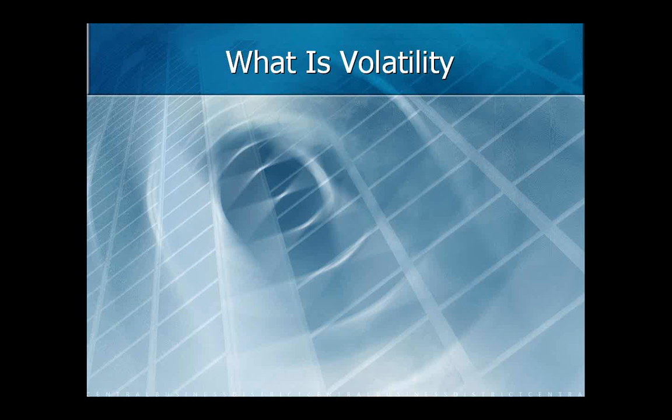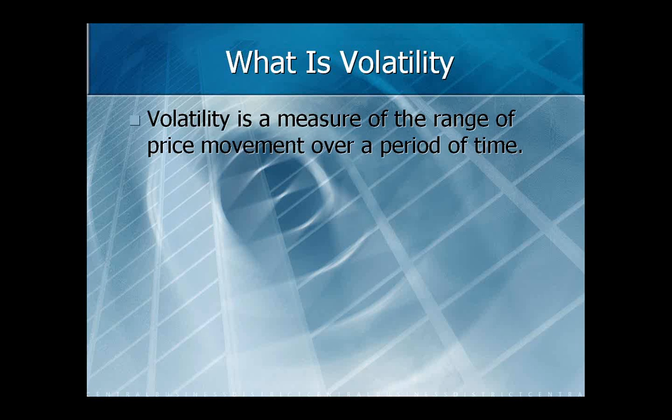All right, the first question: what is volatility? Volatility is a measure of the range of price movement over a period of time. In other words, if I'm looking at the past 10 days, 20 days, 3 months, 6 months, what's the range of price movement up and down that a particular stock has traveled?